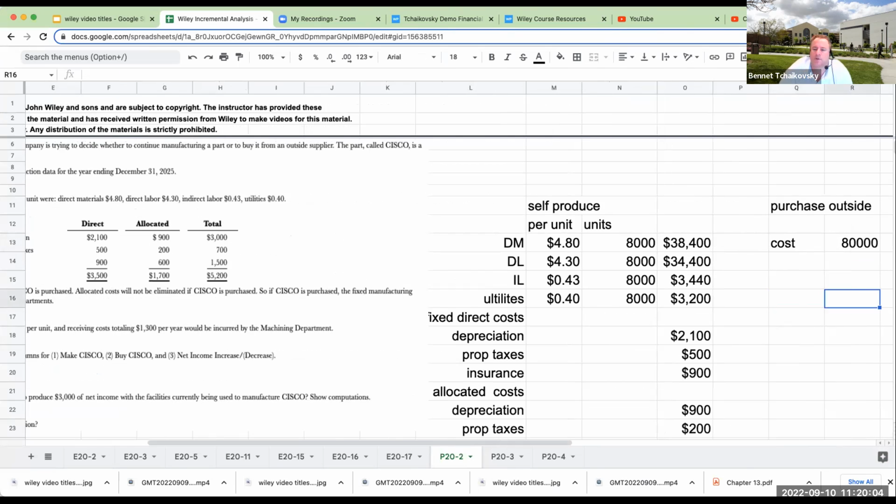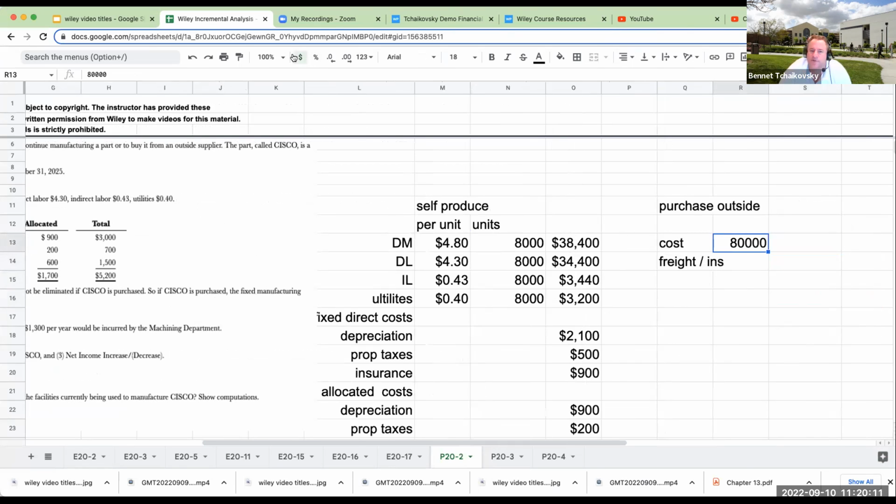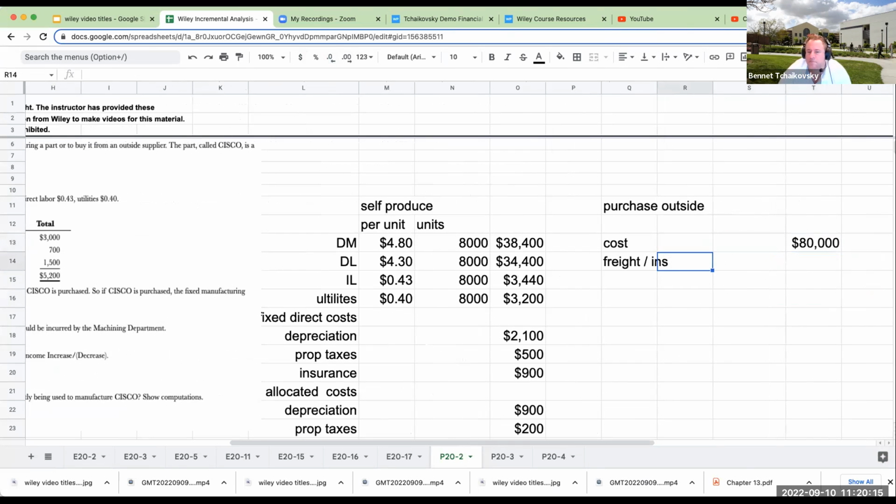So we've got 8,000 units. The cost of purchasing outside is going to be 10 per unit, but we're also going to have freight and inspection costs of roughly 35 cents per unit.